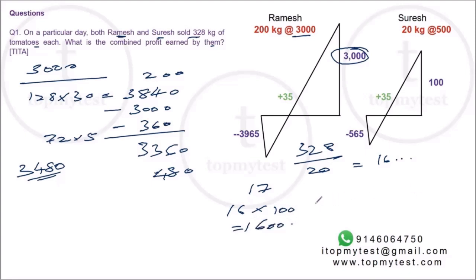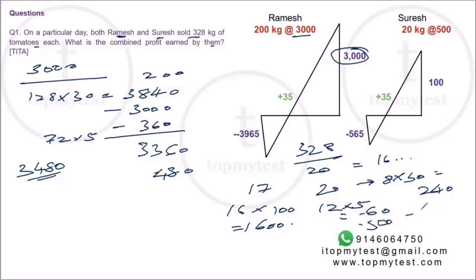Right, 1600. Now on the last bag, out of 20 kilos, he's going to be able to sell only 8 kilos. 320 plus 8 is 328. For this, he will earn 240 rupees. He's going to dispose 12, which will cost him 60 rupees, and the total bag costs him 500 rupees.